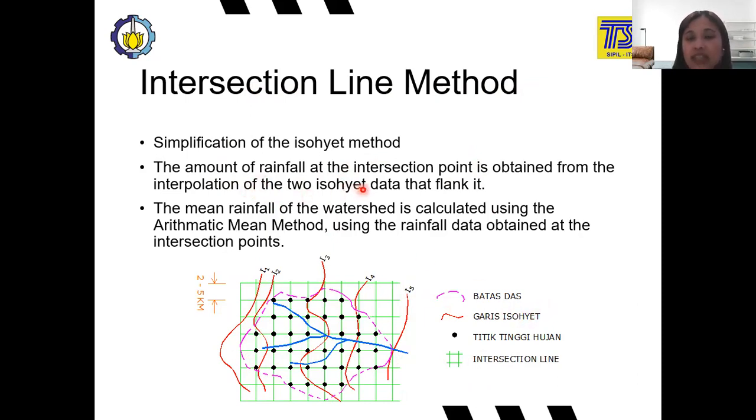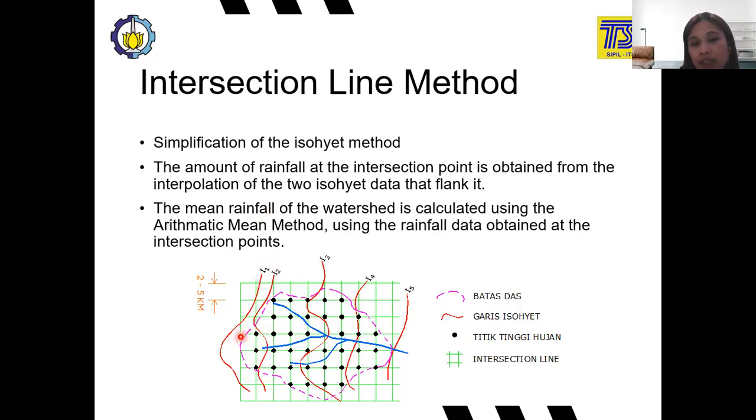The amount of rainfall at the intersection point is obtained from the interpolation of the two isolated data that flank it. For example, here we have isolated line number 1 and number 2. If isolated line 1 is equal to 10 millimeters, and isolated line number 2 is equal to 20 millimeters, we can get the rainfall at this point by using the distance between this point and isolated line number 2 and isolated line number 1.